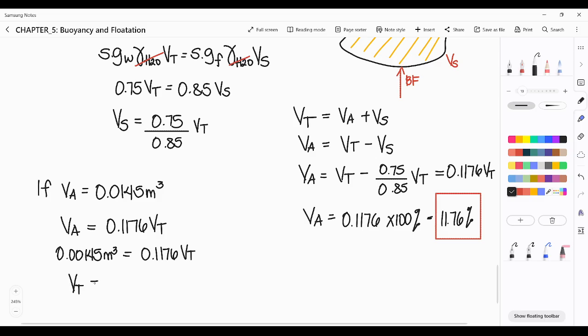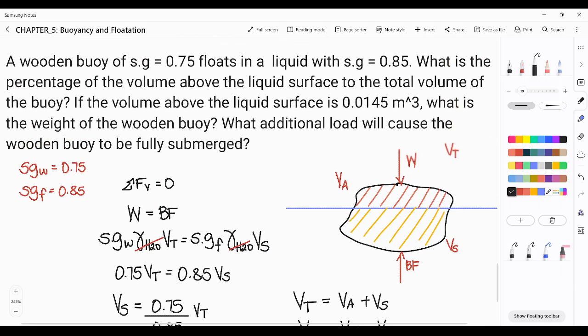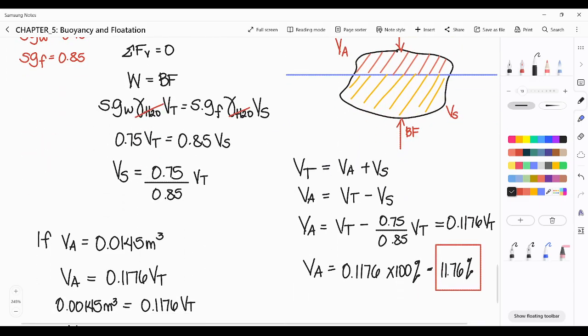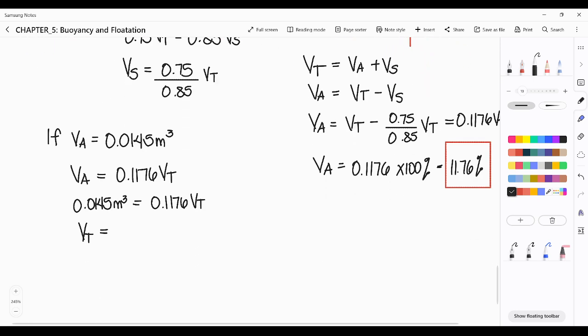The total volume is approximately equal to 0.0145 divided by 0.1176, that is equal to 0.1233 cubic meters.